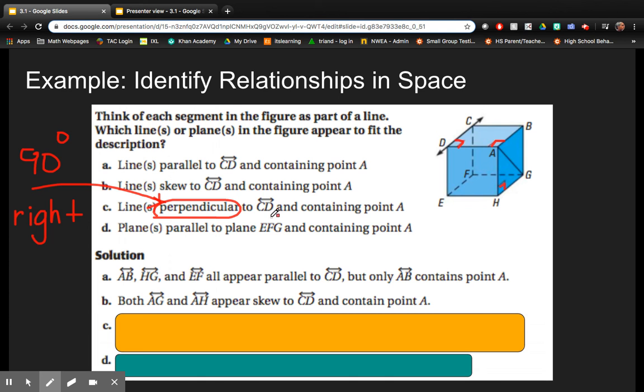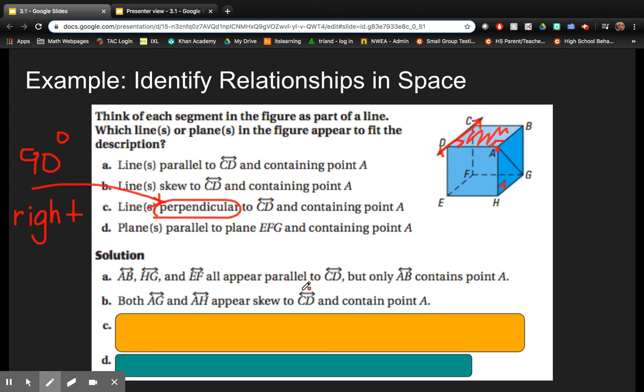So we want to be perpendicular, or meeting at a right angle, with CD. So we're still talking CD here, and contain the point A. If we're going to be perpendicular, we have to be on the same plane. So CD and A share the top of this box.